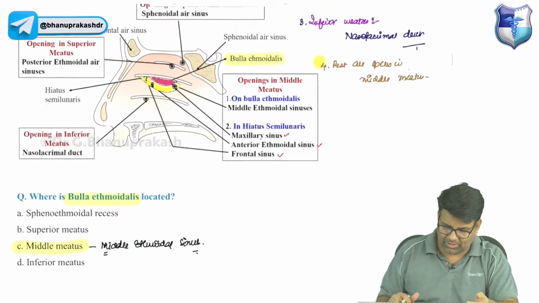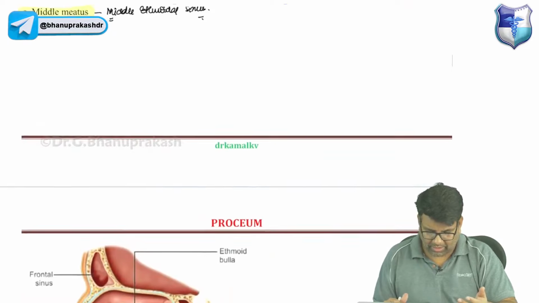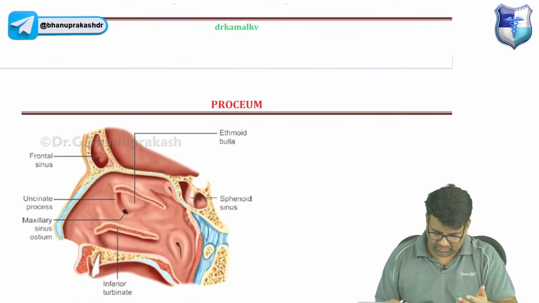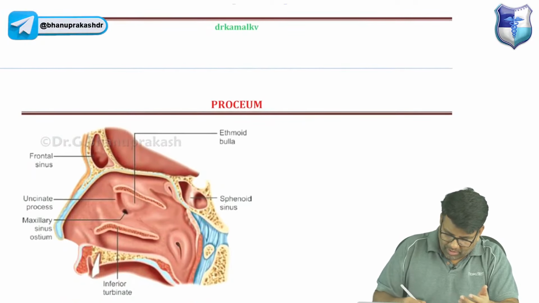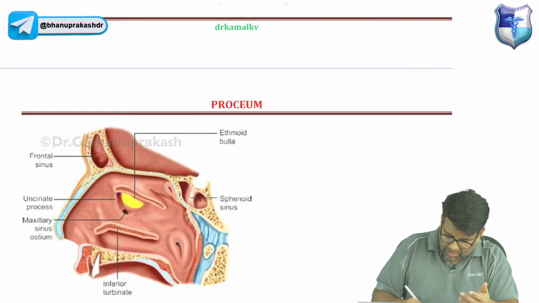Please remember. I think this will summarize the lateral wall of the nose and its openings. You can see here, this is bulla ethmoidalis. Below this, we have the hiatus semilunaris.